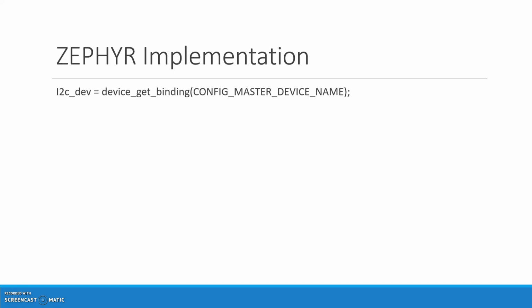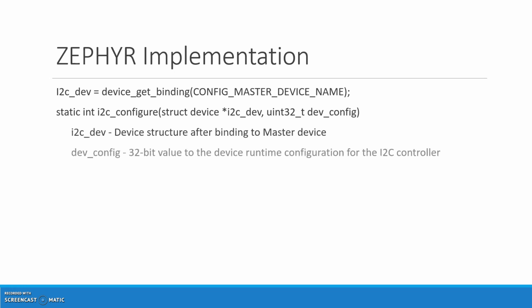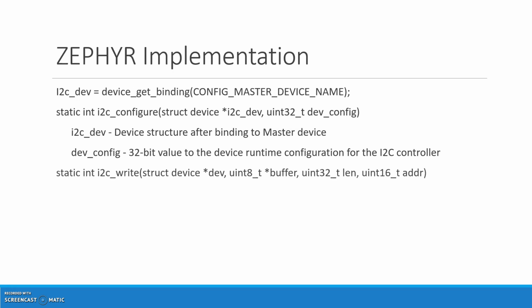So for the master, we are going to get the device using device get binding, to get the structure or the device for which we are going to carry out the operation. Once the device is obtained, we are going to configure I2C on this particular device. So we're going to set the config flags or anything that is to be set on this device using I2C configure.